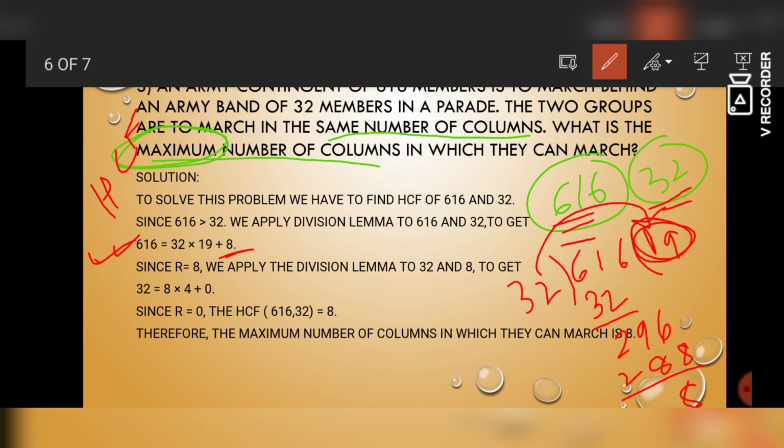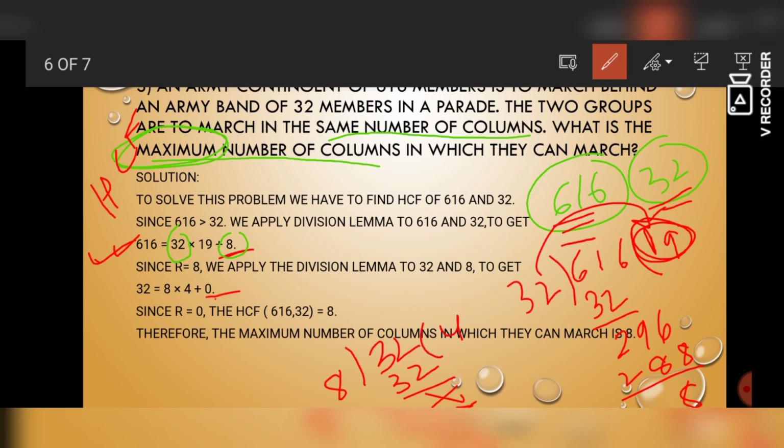Now the next set of numbers will be 32 and 8. So we will apply EDL again on 32 and 8 and do the division. 32 is big, so we will put it inside, and 8 is small, so it will be outside. On division, we will go 4 times and we can see that 8 4s are 32 and our remainder is 0.